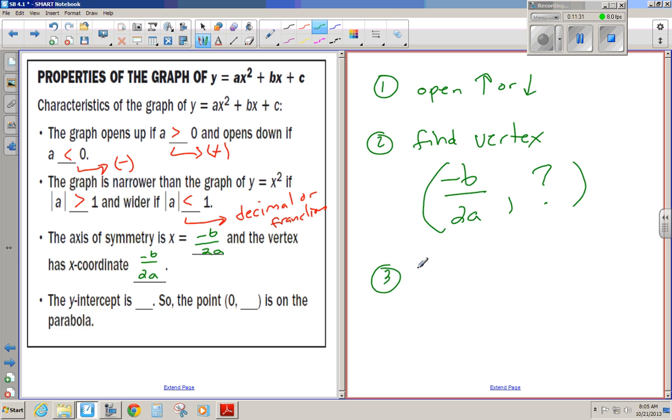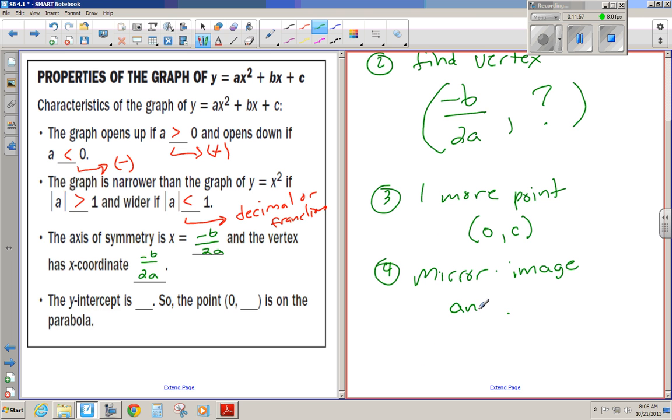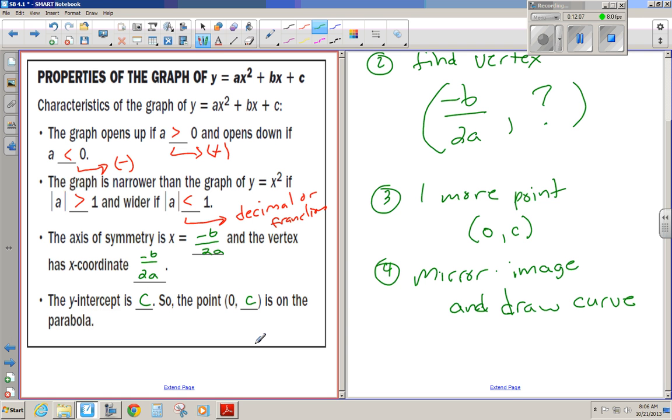The third part is you get one more point, and you might be able to use 0, c for this. And then the last one, you do a mirror image and draw the curve. So the y-intercept is c, so the point 0, c is on the parabola.